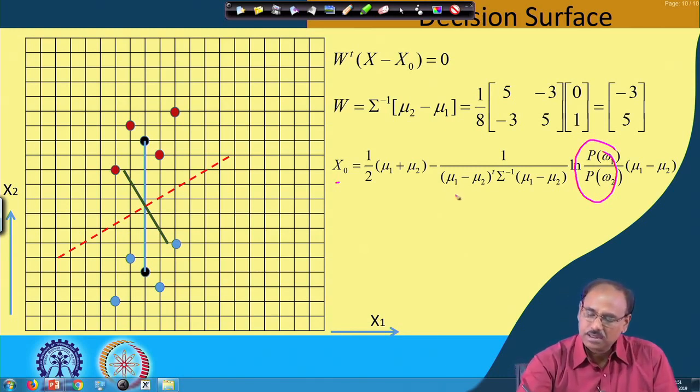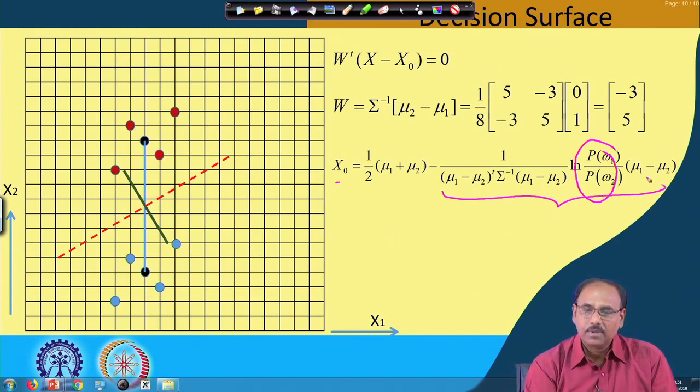That means this term will be cancelled, giving x naught to be half of mu 1 plus mu 2. So, that simply says that our decision boundary will be orthogonal to sigma inverse mu 2 minus mu 1, or mu 1 minus mu 2, and it will pass through the midpoint between mu 1 and mu 2.